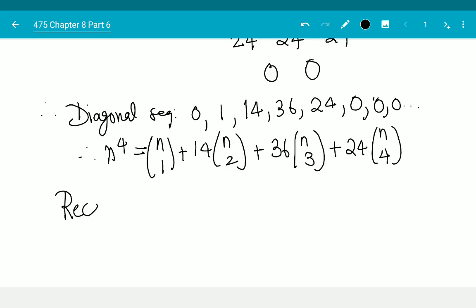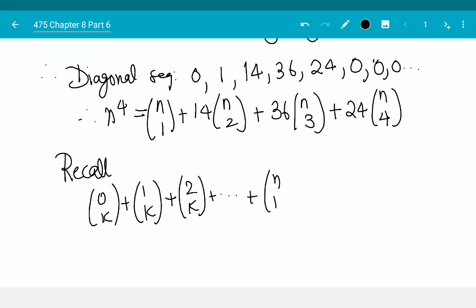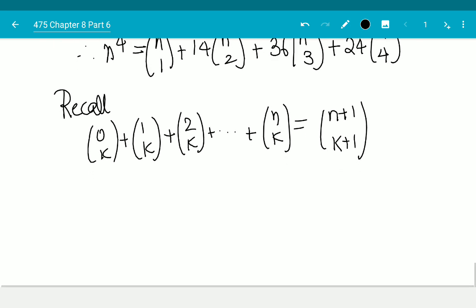Recall, 0 choose k plus 1 choose k plus 2 choose k plus dot dot dot all the way up to n choose k. We have seen that this was n plus 1 choose k plus 1, right? We saw this one before.